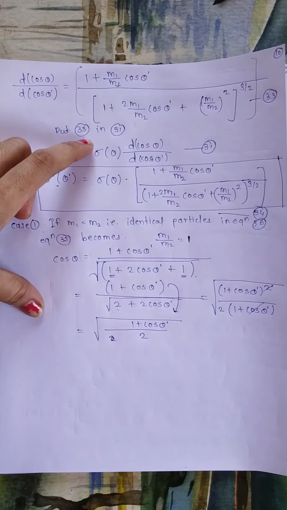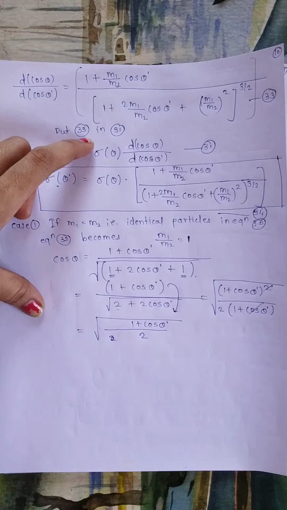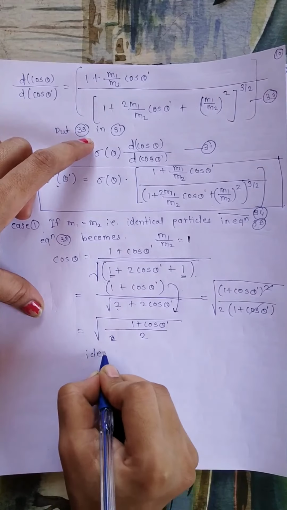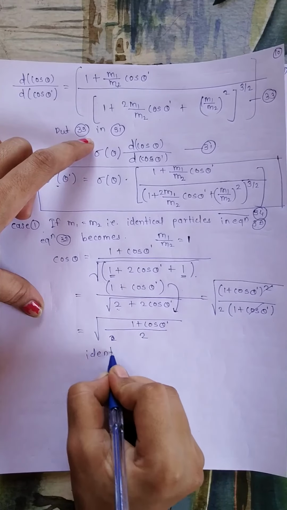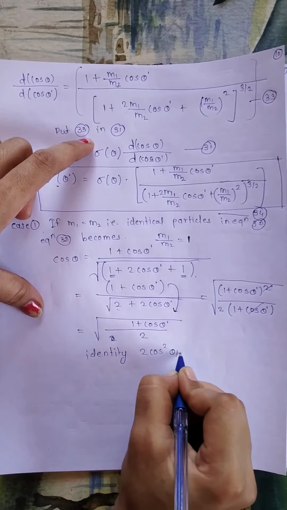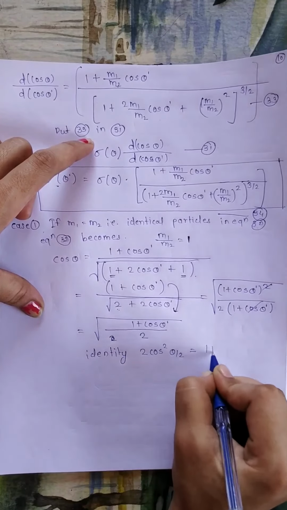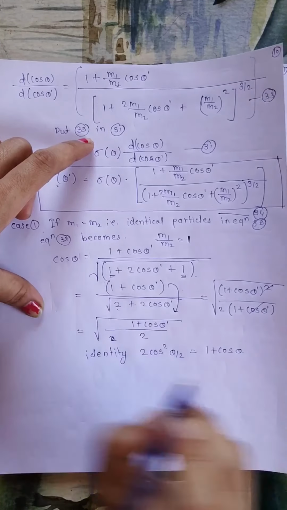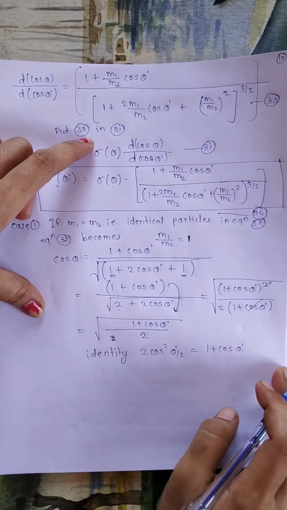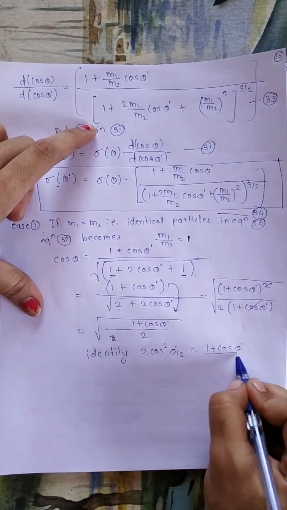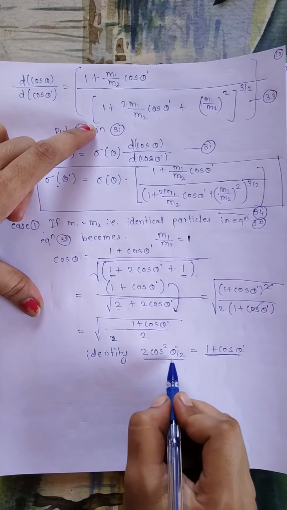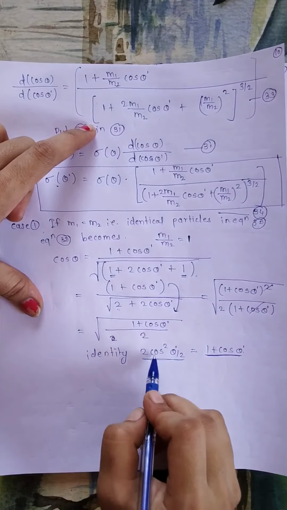And we will use here the identity, which is 2 cos square theta by 2 is equal to 1 plus cos theta. Here there is theta dash, so I will convert it into our required form. Now instead of this 1 plus cos theta dash, I can use 2 cos square theta dash by 2 using this identity.